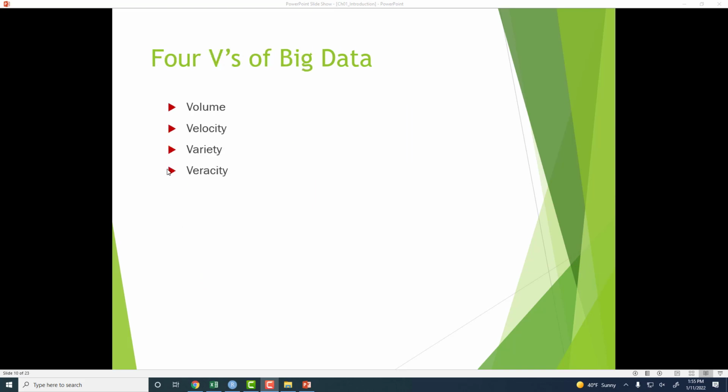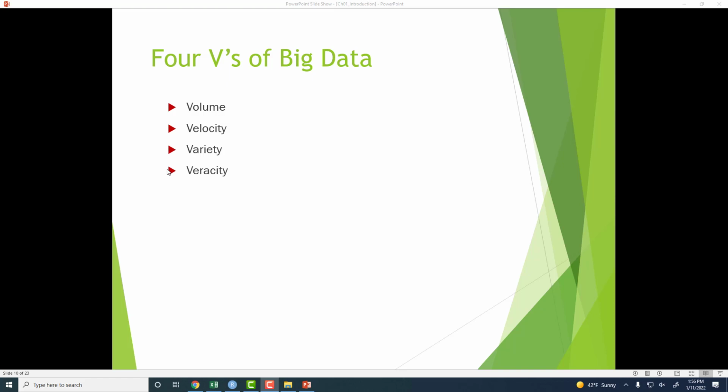And then we have the 4 V's of big data, so volume, velocity, variety, and veracity. So again, this is the big data. So with the advent of modern technology, you have lots and lots of data coming in. That's volume, and it comes in really fast, so velocity.